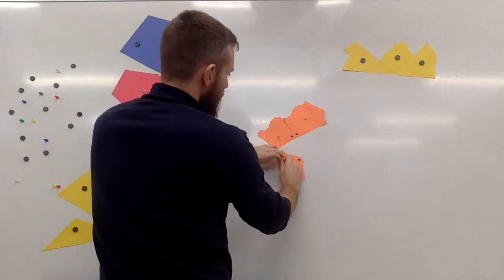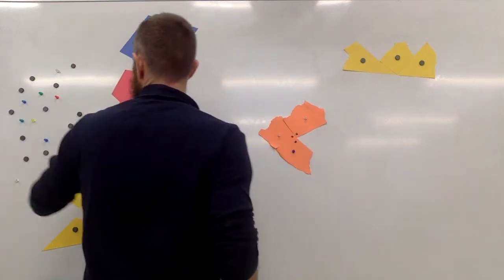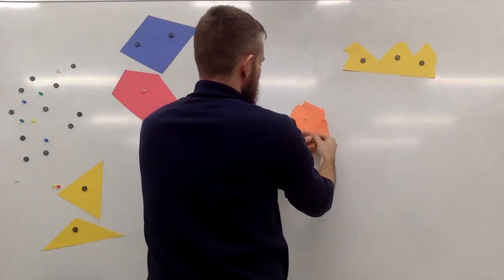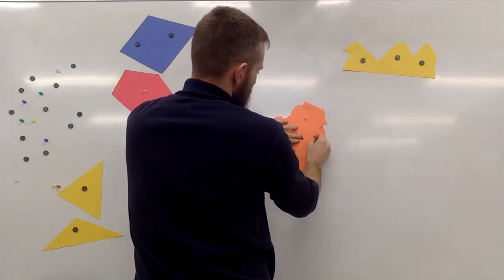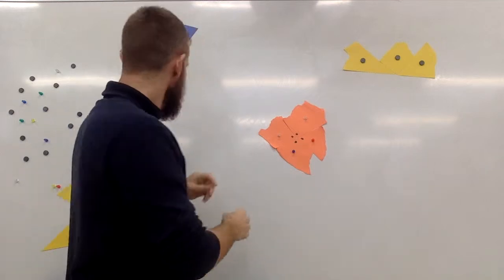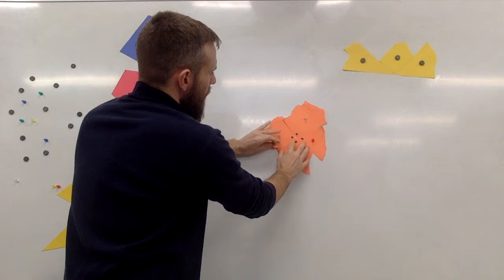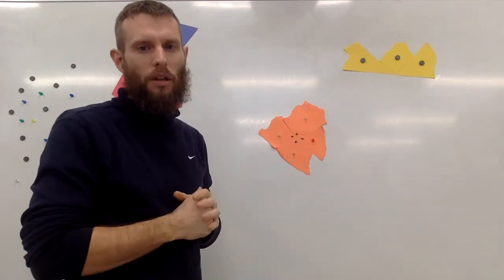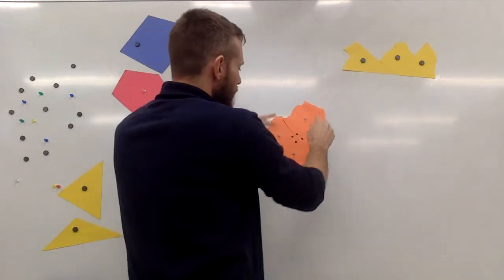Almost looks like 180, but it's not quite, I don't think. Okay, now I can see that all four of the angles in a quadrilateral add up to 360 degrees.